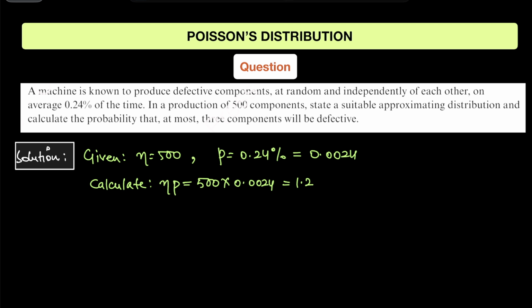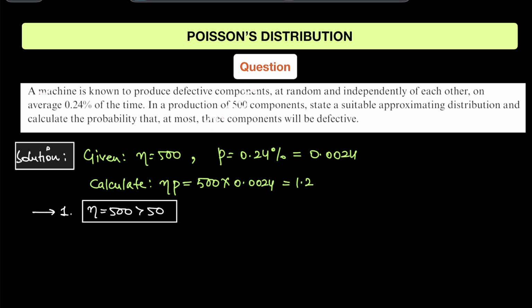Now we will write down the two important conditions. Condition number 1, that the value of n is 500, which is greater than 50, right? And condition number 2, which says that the value of np is 1.2, which is less than 5.